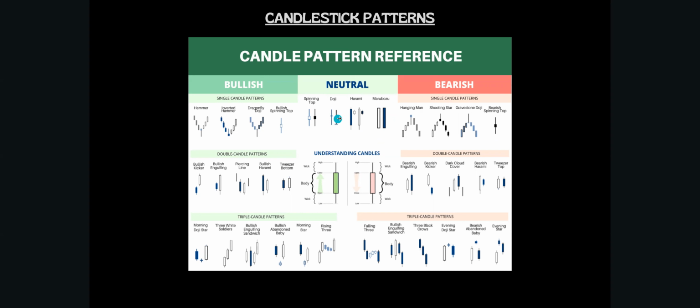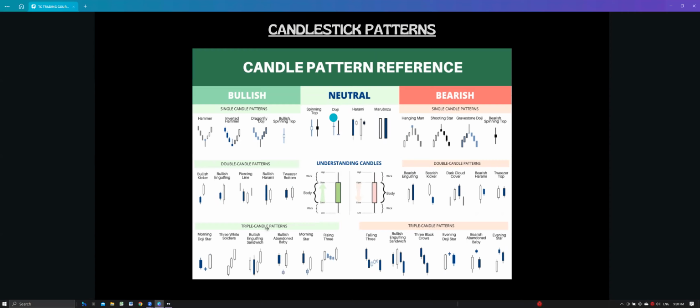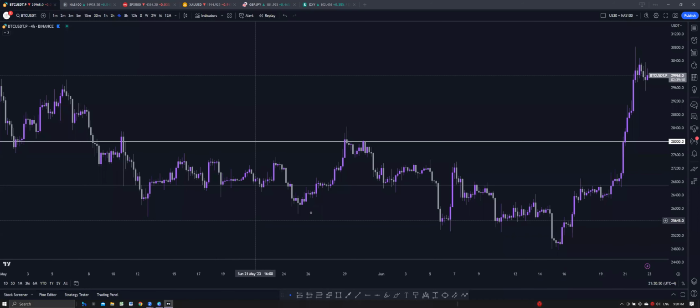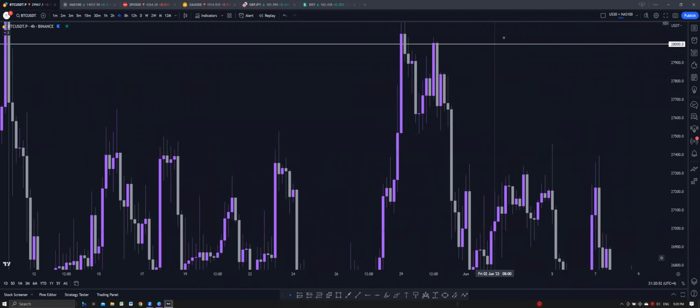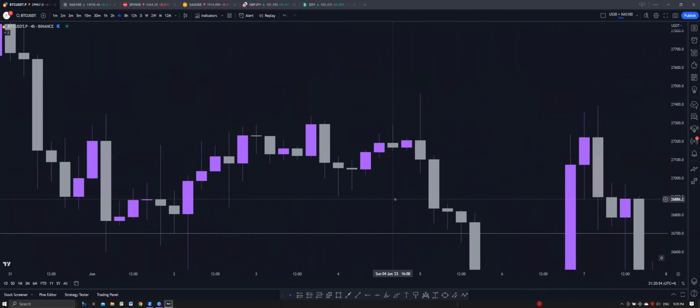The doji candle is something I showed you. It pretty much shows that there is no volume in the market, and the body of the candle is extremely small. So let me give you an example. Yep, there we go. You see how that candle has pretty much no body to it, a very tiny body. That is a doji candle.